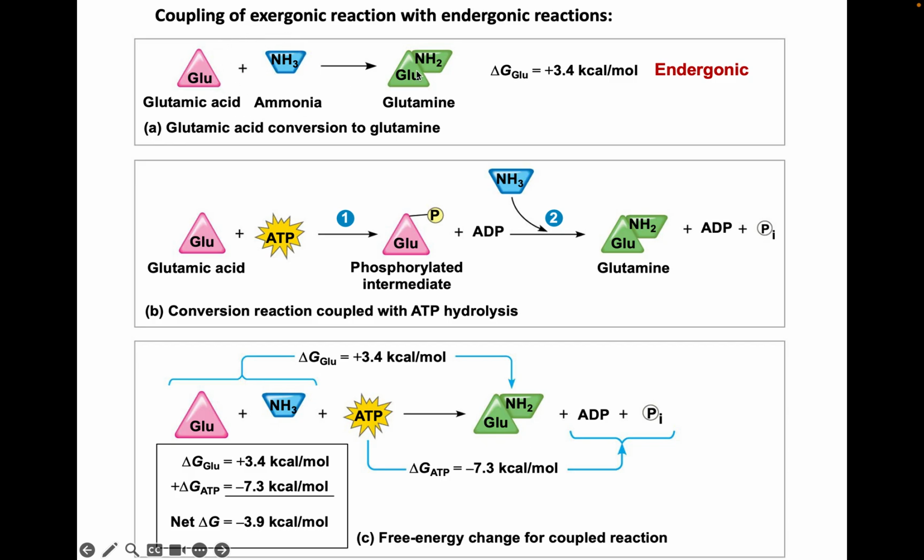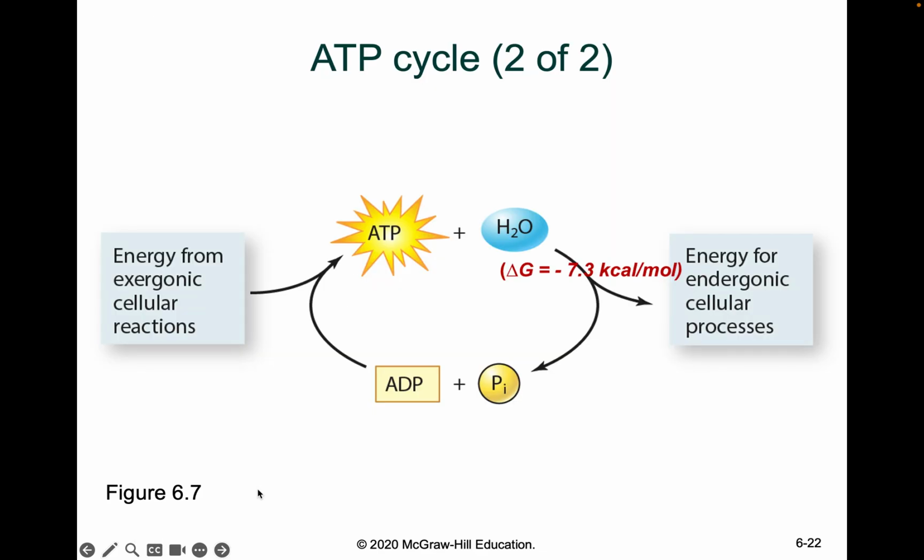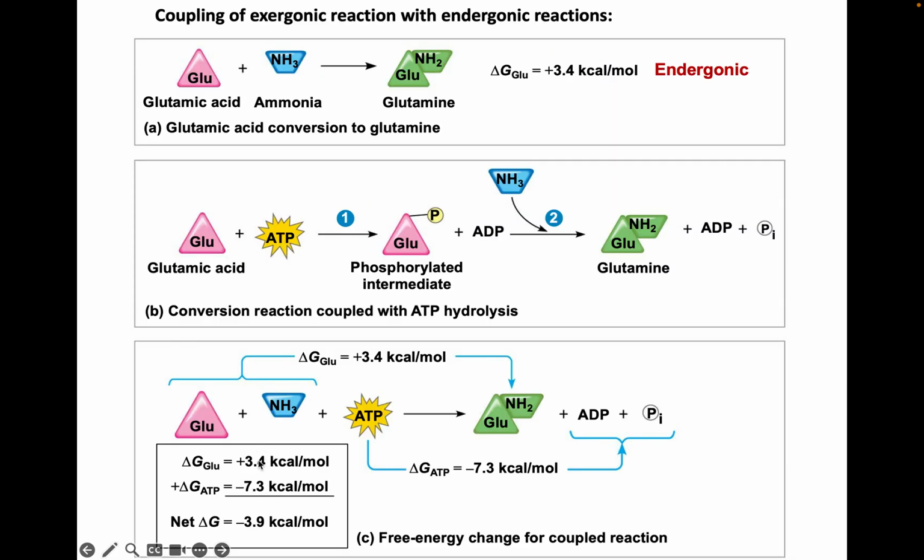So if we put ATP, as we said, has minus 7.3, now if we sum this all up, you're going to get minus 3.9. Because now this guy has much more energy. Well, this one has 3.4. So if we apply the delta G, it's minus 3.9.